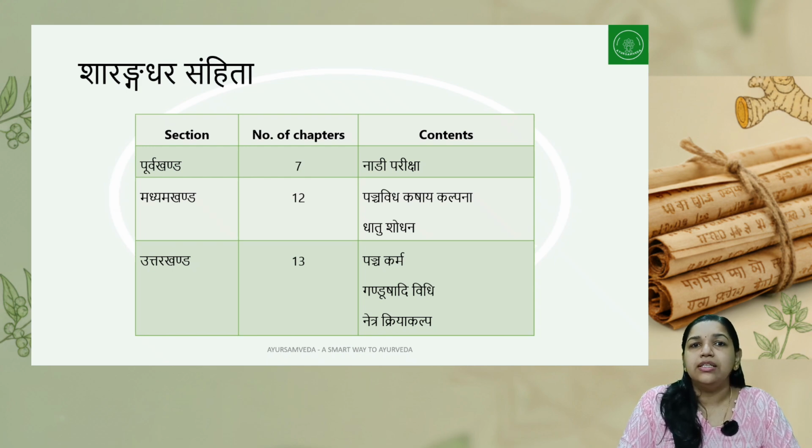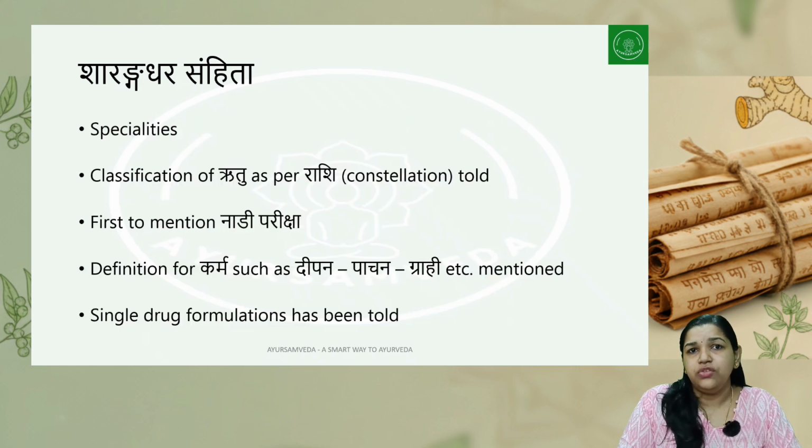The Madhyamakhanda contains 12 chapters in which the Panchavidha Kashaya Kalpana and Dhatu Shodhana are explained, and the 13 chapters of Uttarakhanda deal with Panchakarma, Gandushadhividhi, Netra Kriya Kalpa, etc. The other specialities of Sharangadhara Samhita include the classification of Ritu as per Rashi.